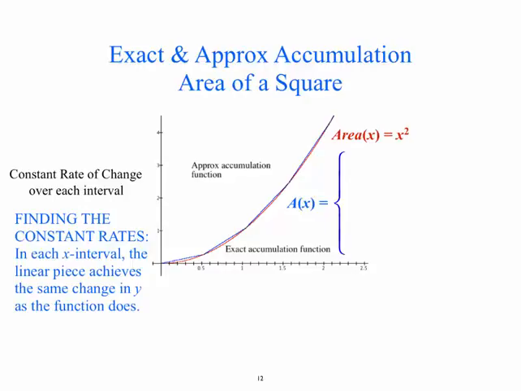We know here we have 0.5 and A of 0, area of 0.5, the red one, which is 0.5 squared. So we know that point for sure. So our initial slope there is going to be change in y over change in x.